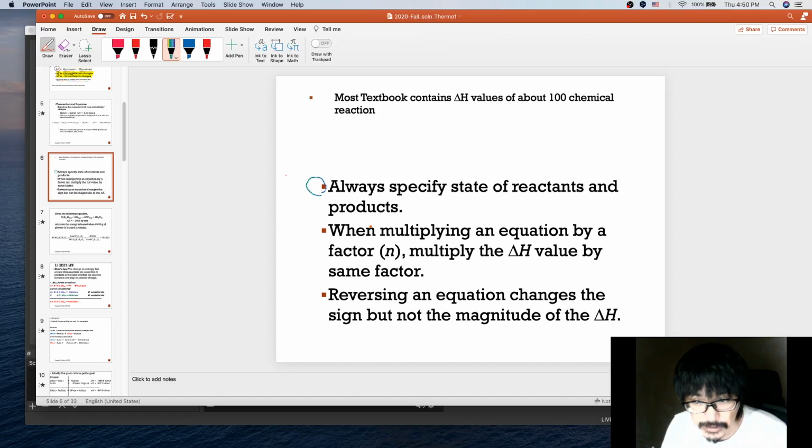If you want to multiply the whole equation, you can, but you also have to multiply the delta H value associated with that chemical reaction. And reversing an equation changes the sign of the delta H, but not the magnitude.